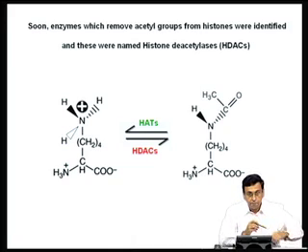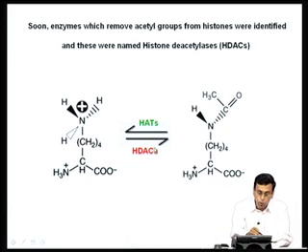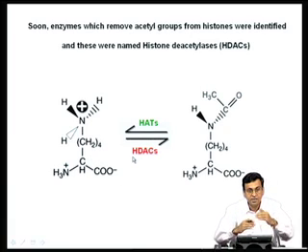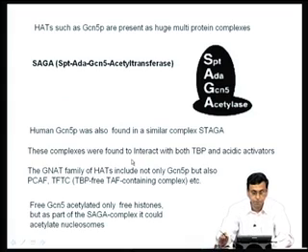So you can see here you have histone molecules, and there are enzymes called HATs which add an acetyl group to the histones, and these acetylated histones are then deacetylated by a group of enzymes called HDACs, and there is an equilibrium between the HDAC activity and HAT activity at any given time inside the cell.